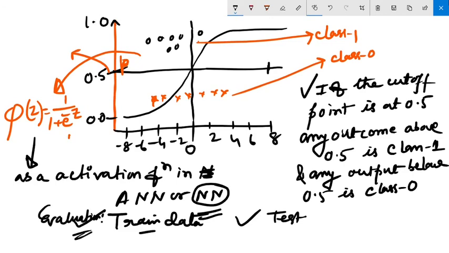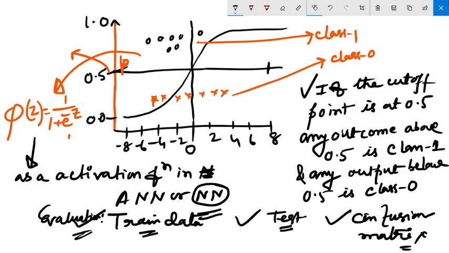Finally you have a confusion matrix. I am not going to go into detail on the confusion matrix. I will teach it separately in a different class, along with other metrics through which you can represent the model performance. Okay, so these things are there.